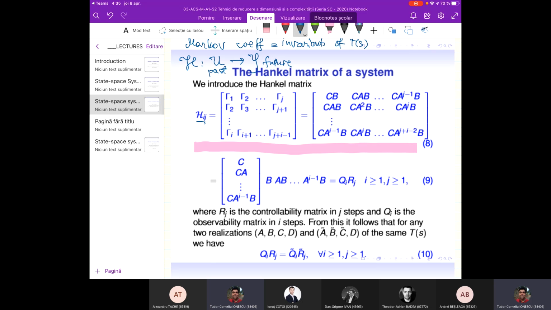Look at the structure of the H_ij matrix in relation 8, please. Have a look at it. This is how you build the so-called Hankel matrix.